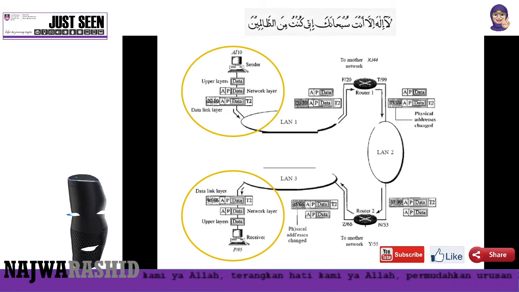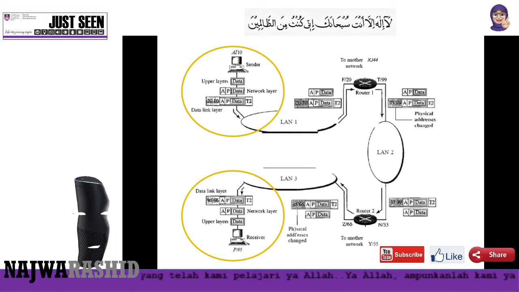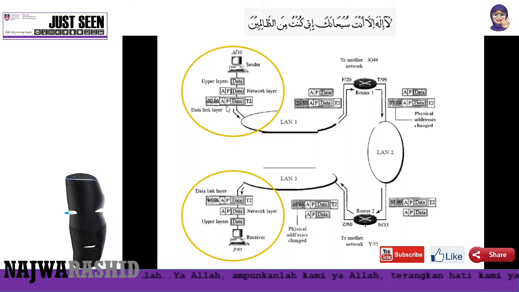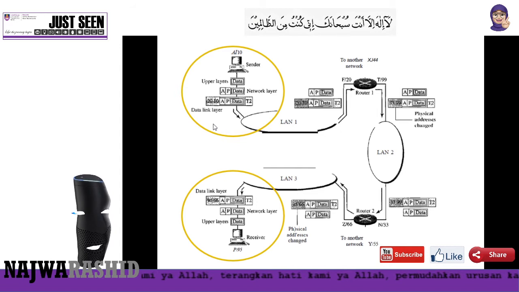Why do we need the physical address and why do we need the logical address? The physical address identifies which node this packet needs to go to next. The logical address is the final destination. The physical address is the next destination. So let's say we have this packet. When this packet is sent from the sender, it will go through LAN 1.